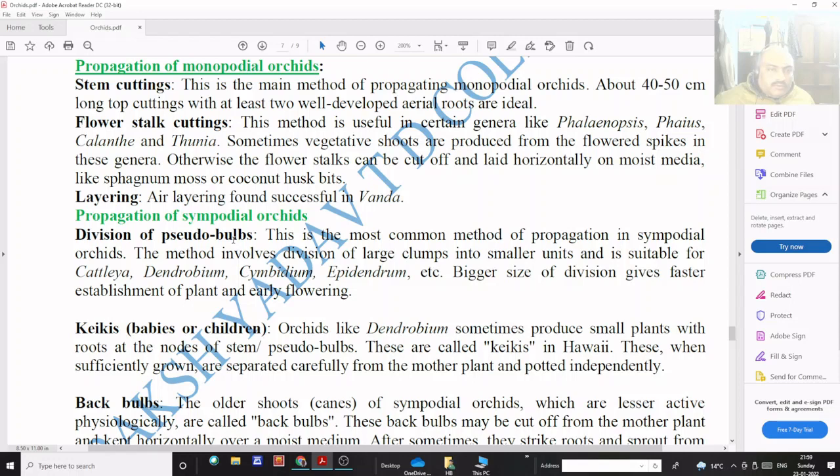We can also go for the multiplication of sympodial orchids by using keikis, that is babies, which I showed you the picture of in the very beginning of this lecture.